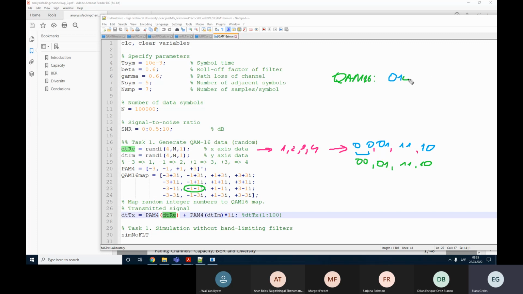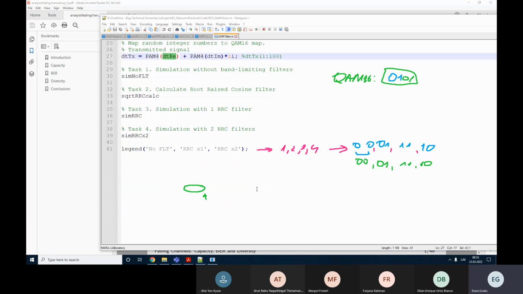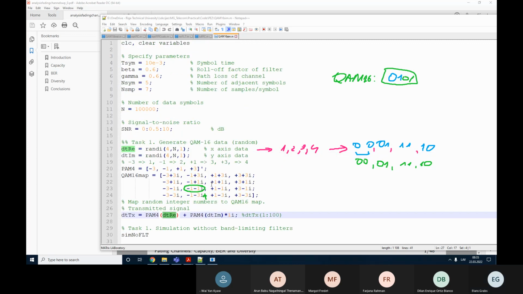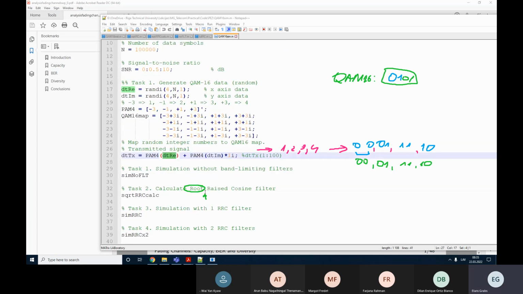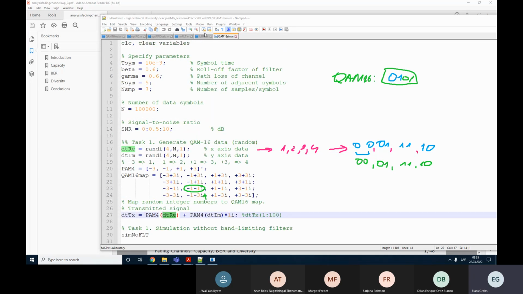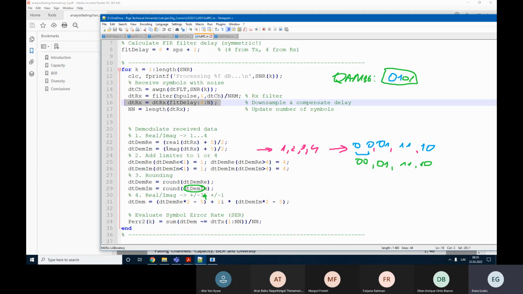So the total code word assigned to this point is going to be this. Similarly, during the receiving part, inside the demodulation function, the demodulated data is done the same way.